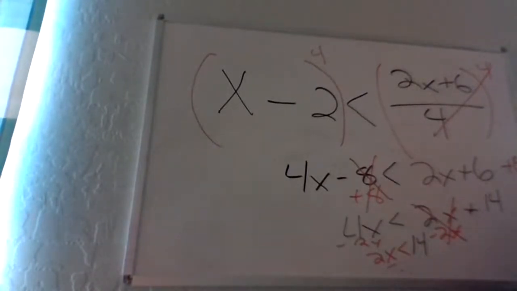So we have to divide both sides by 2 to find the x. Okay, divide by 2. So what would I get? So x less than 7.